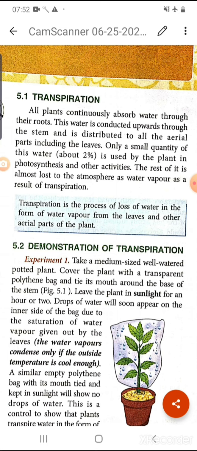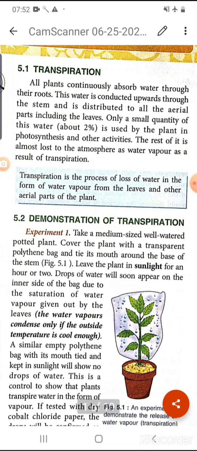The rest of it is lost to the atmosphere as water vapor, as a result of transpiration. They release this water through the leaves, and in the leaves there are stomata, some small openings. With those they can release the water vapor.